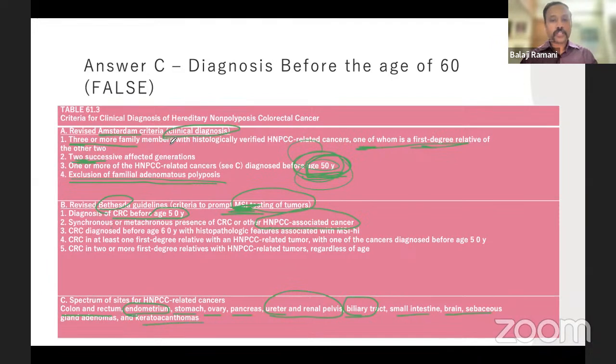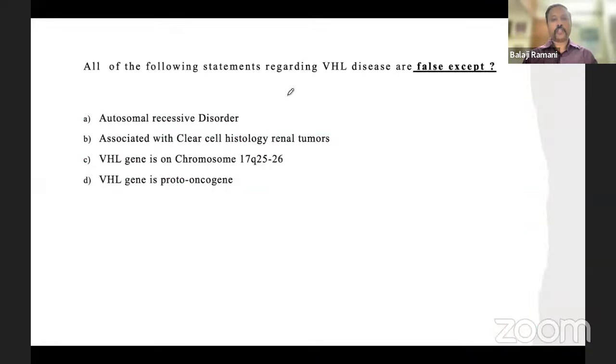And mainly, you have to exclude FAP. Only then can we make the diagnosis very clear. So these are the things that will establish the diagnosis of HNPCC clinically in Amsterdam criteria, and Bethesda is used for the checking of this one.